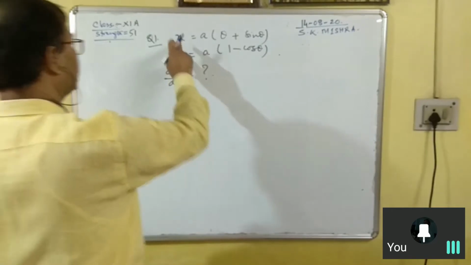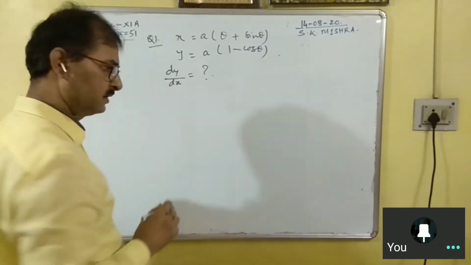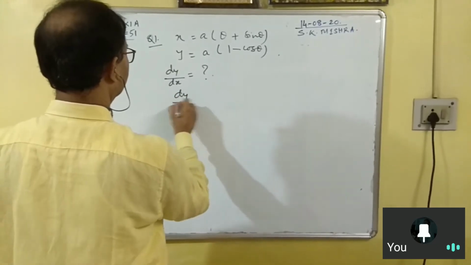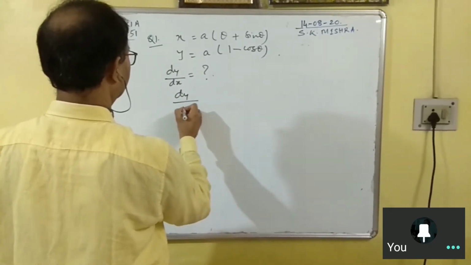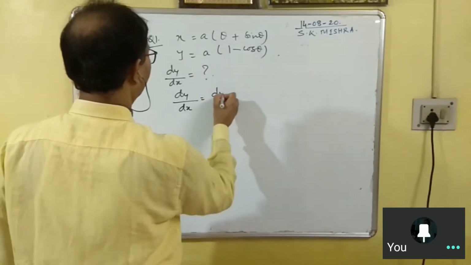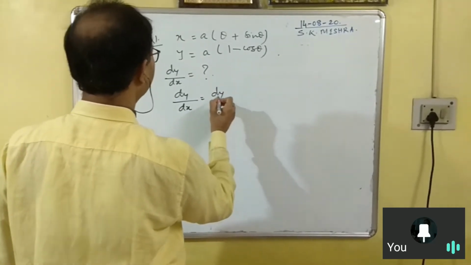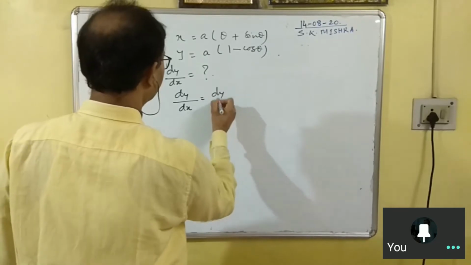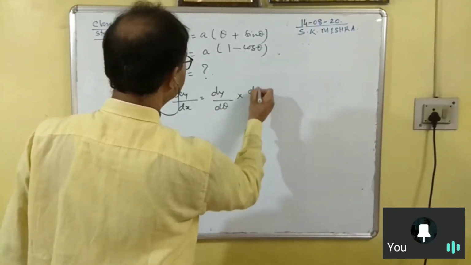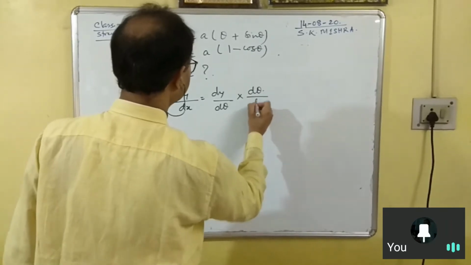From this relation, I am doing first, then I will ask from you. So dy by d theta you take first, and then d theta by dx.